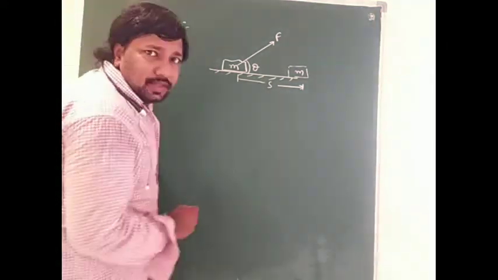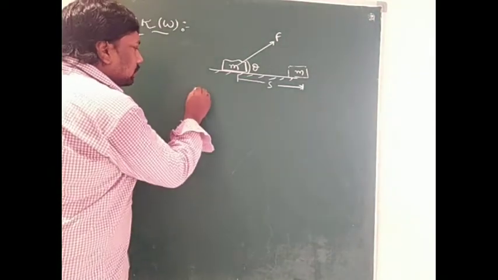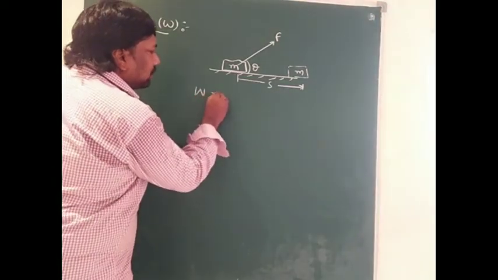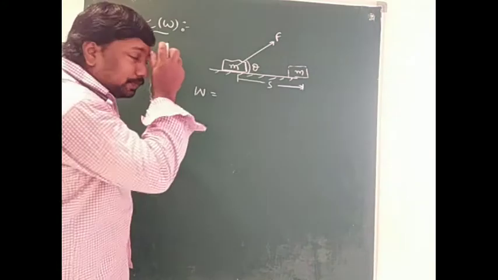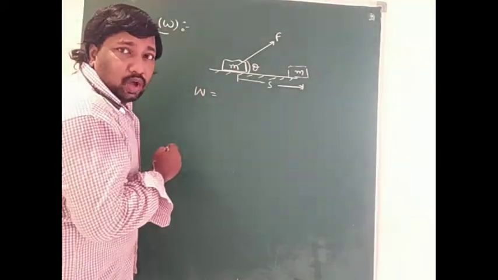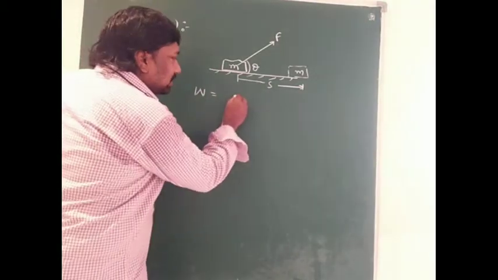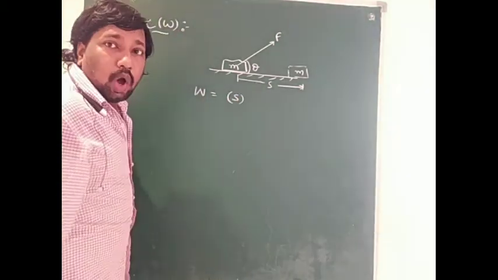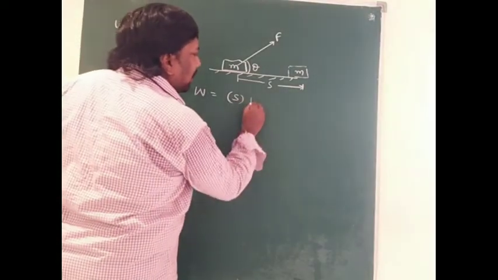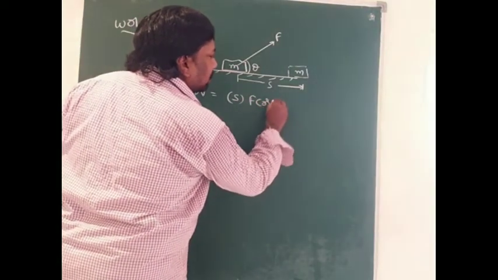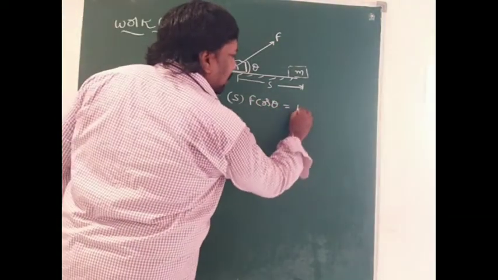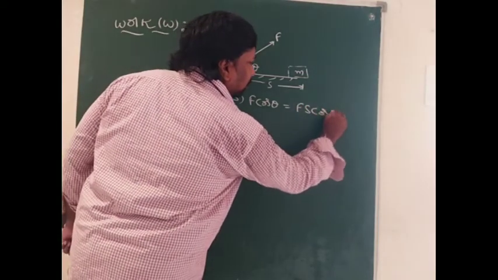In this case work is done. So work W equals the product of the displacement and the component of force, F cos theta. Therefore W = Fs cos theta.